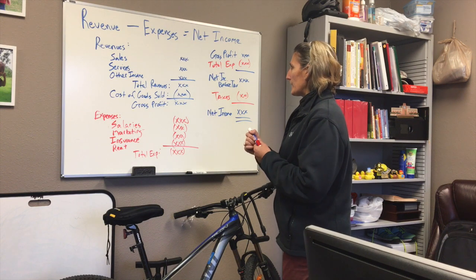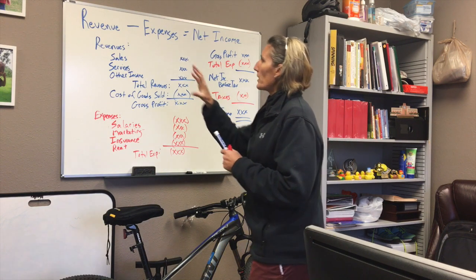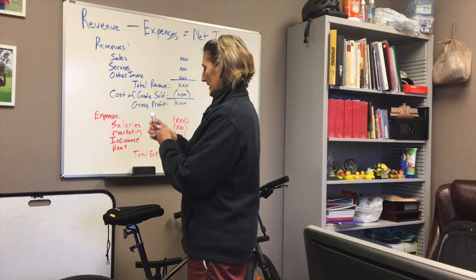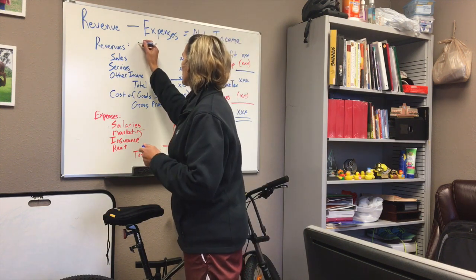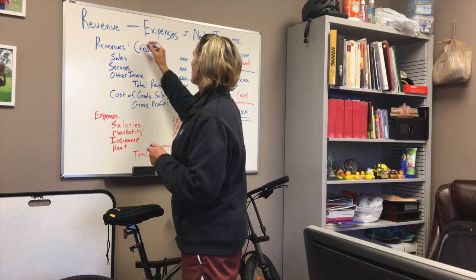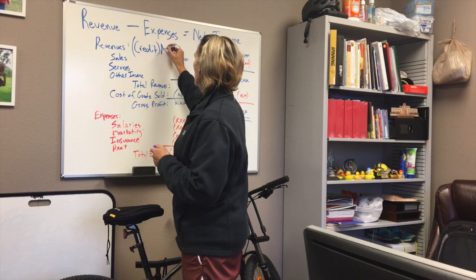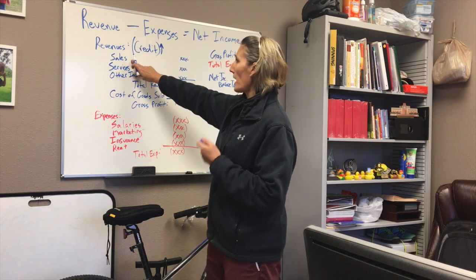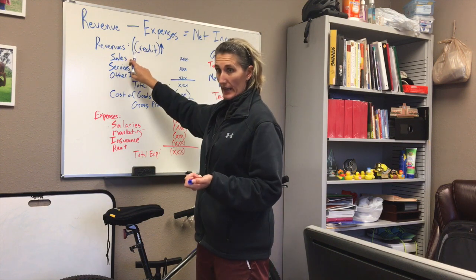In that general ledger, the revenues are going to have a credit normal balance. That means credits increase your revenues. So whenever you want to increase the amount you have in sales, you're going to credit that account.